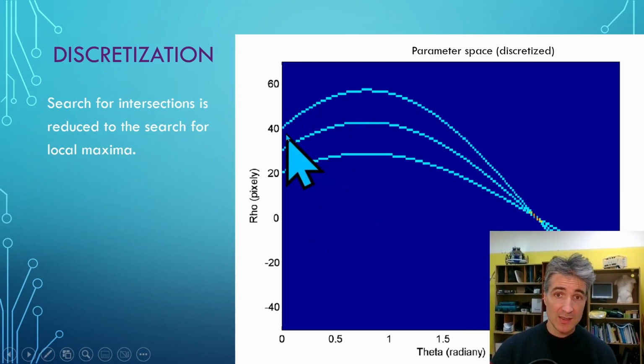What we get in this 2-dimensional parameter space would be cells that received 0 votes, 1 vote, and over here we get 1, 2, or maybe 3 votes. 3 votes is the maximum because we have just 3 points. So the search for intersection is reduced to the search for the local maximum.